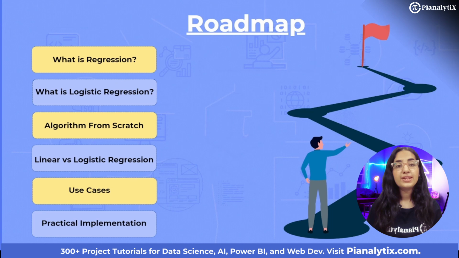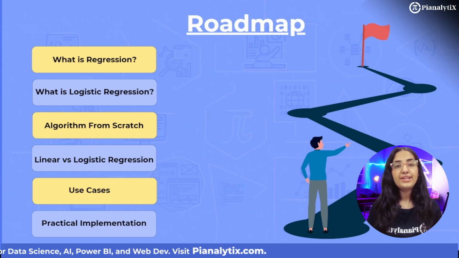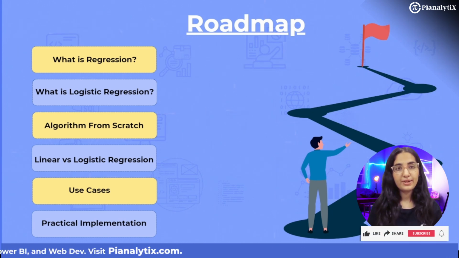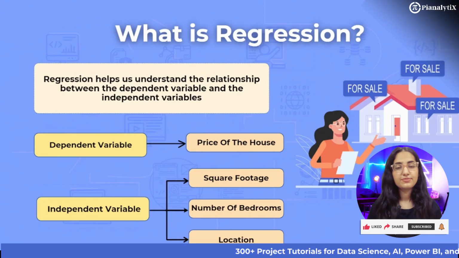Fourth, we will compare linear regression and logistic regression to understand their differences. Fifth, we will explore some cool and real world applications of logistic regression. Sixth, finally, we will implement it in Python and evaluate its performance on a dataset. By the end of this video, you will be well equipped to use logistic regression in your own projects.